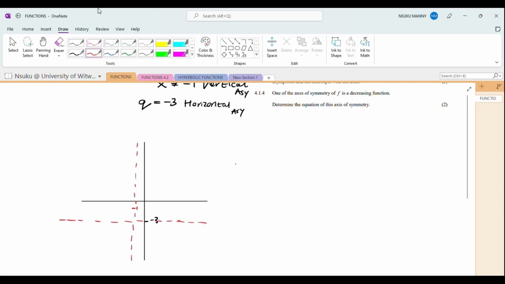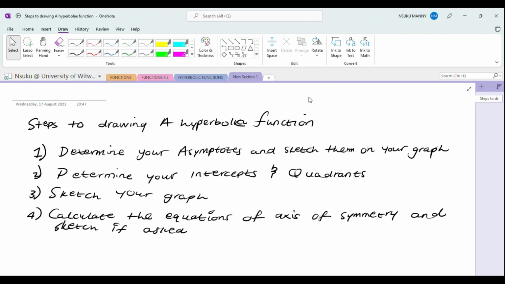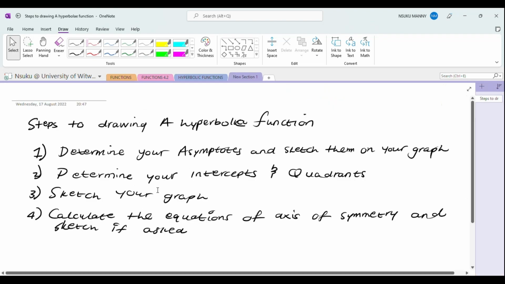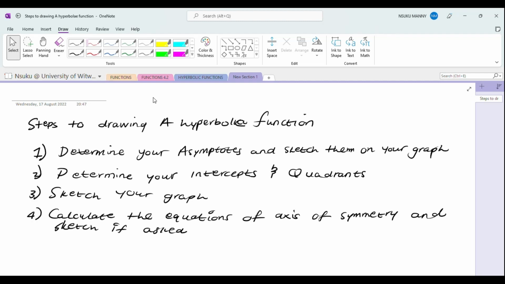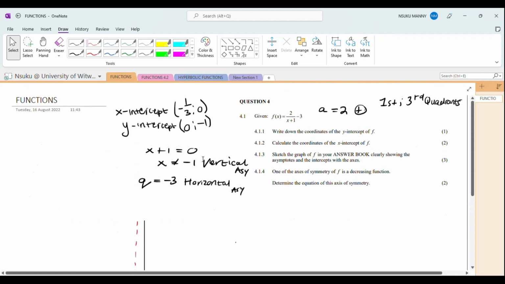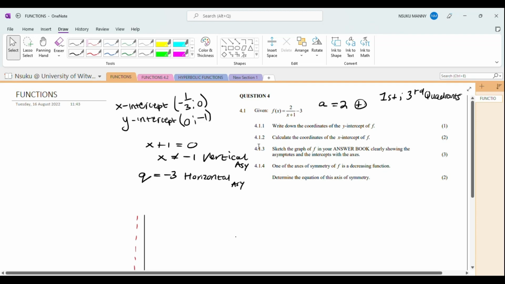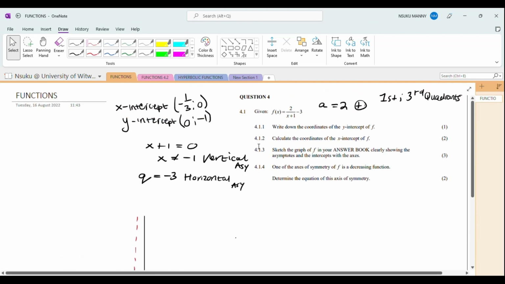Alright, so let's go back to our steps. Step 1 says determine your asymptotes and sketch them on your graph. We've done that. We say determine your intercepts and quadrants. We've already done that. And then from there we can draw our sketch. So now it's time for us to put our intercepts, which we've already done in 4.1.1 and 4.1.2, in our graph.